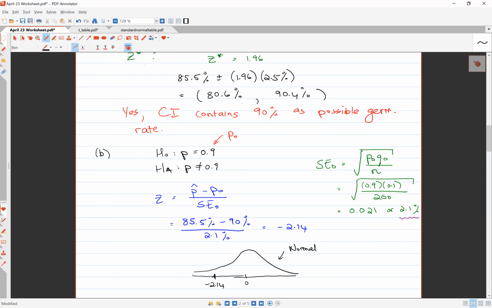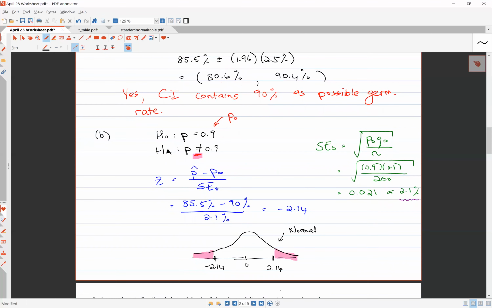We have a negative 2.14, but because the alternative is two-sided or non-directional, it actually means that we need to find two sides to our bell curve. We need to take both the negative and the positive value. So we need to find how much of the bell curve is in both tails.